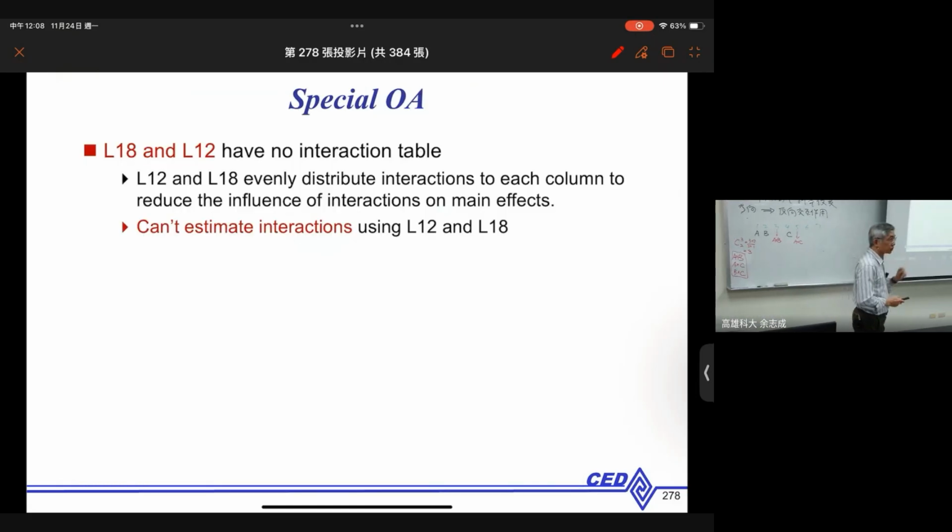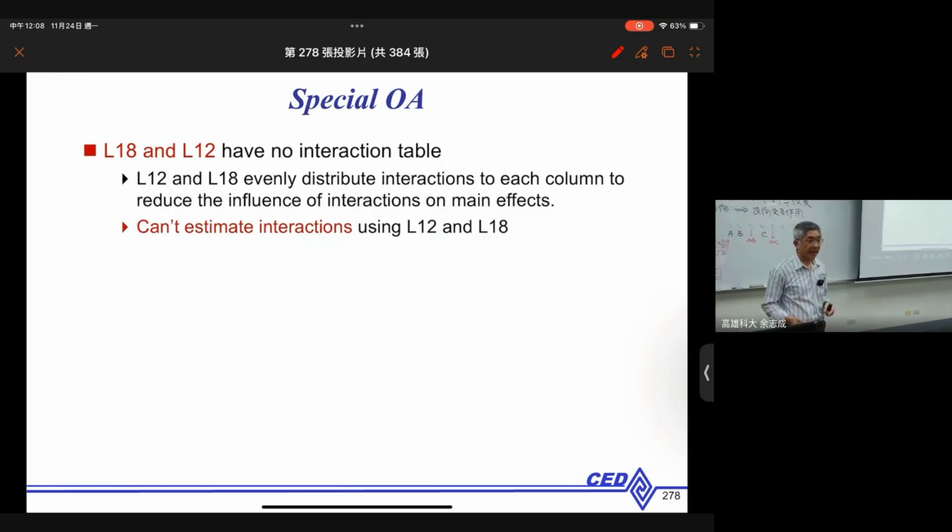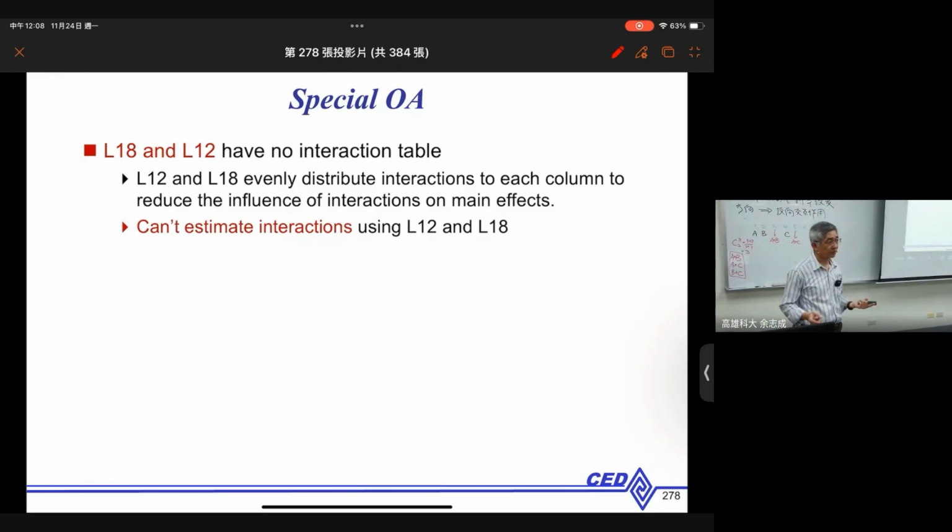Okay, there are two special orthogonal arrays, L18 and L12. You will see that there is no interaction table for Taguchi because these two orthogonal arrays are special. They cannot estimate interaction.